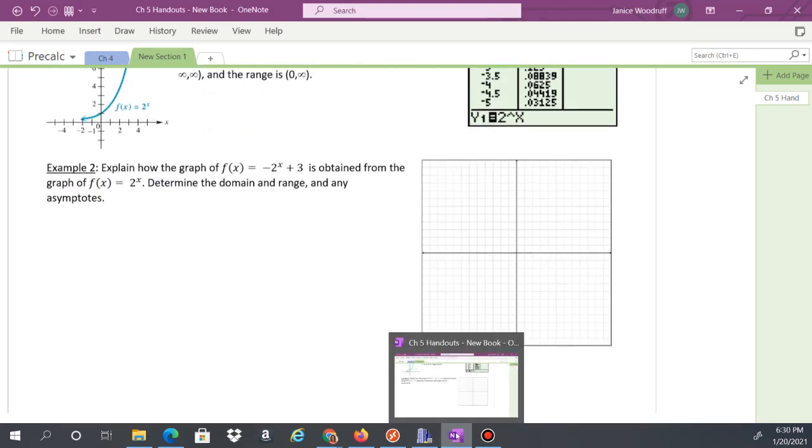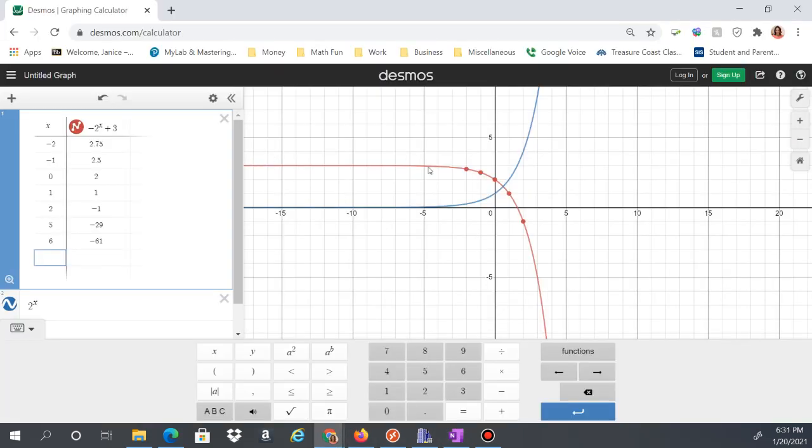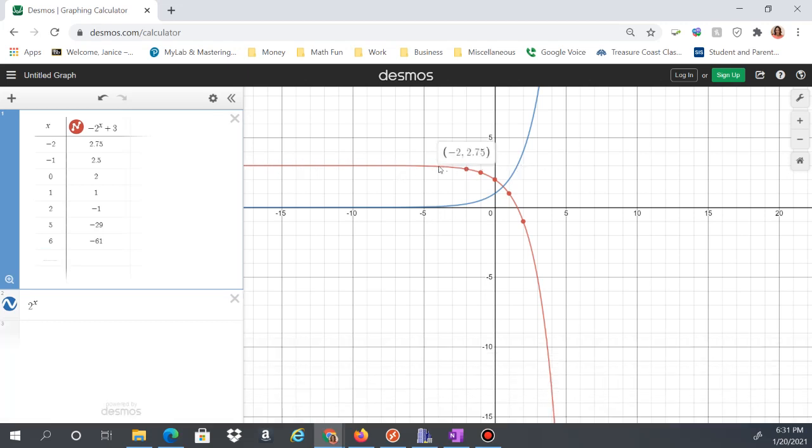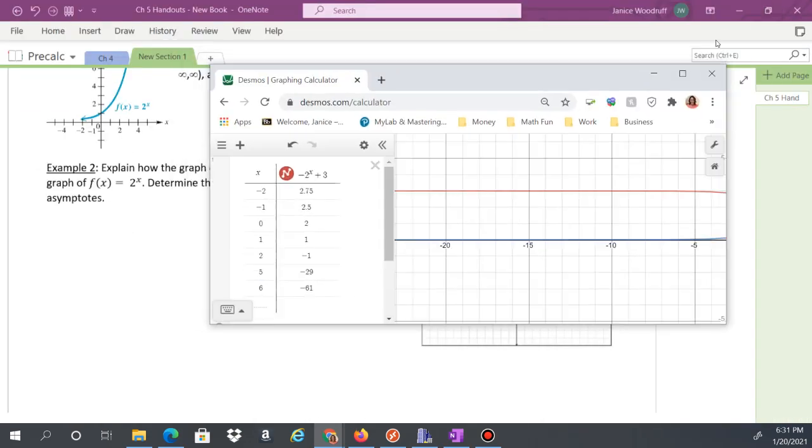And then the domain and range, if you look at the graph again, the domain still is negative infinity to infinity. You're just going to have a different range here. So this range is going to go from negative infinity to positive 3 here, because you've got this asymptote at positive 3 here, where we're not crossing. If you take a look at these points, you're not going to pass this positive 3 point as you keep going.